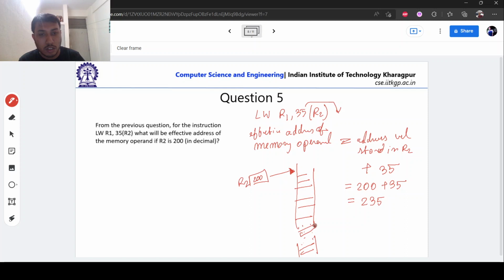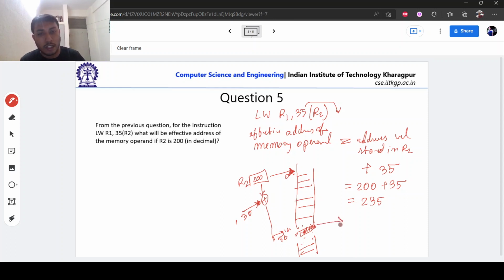Suppose this is the 35th location. So this is the 0th location and this is the 35th location. So we add 35 to it and fetch the data that is stored here.